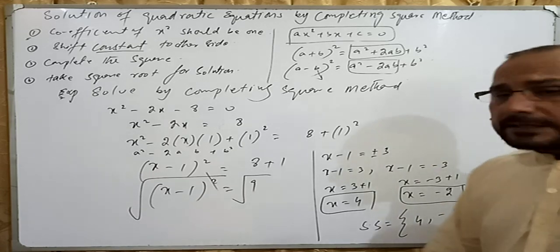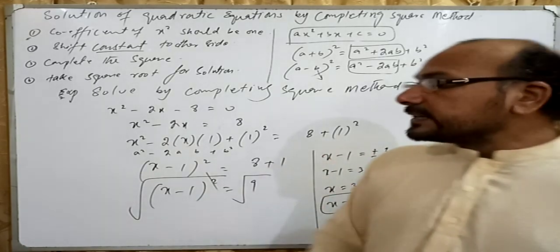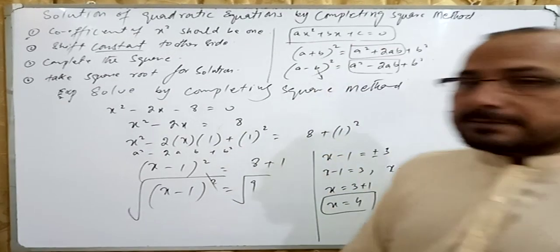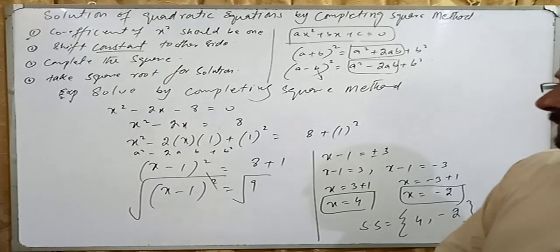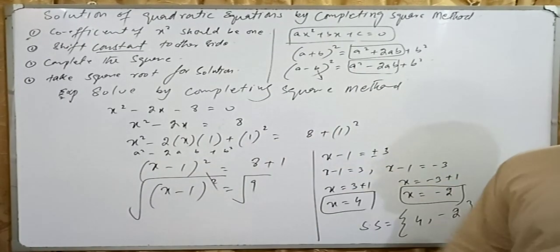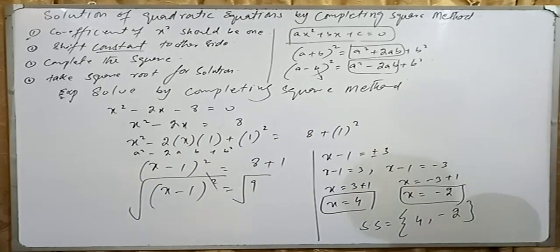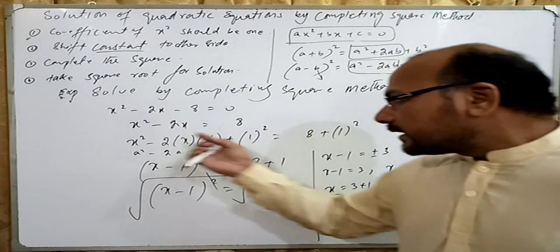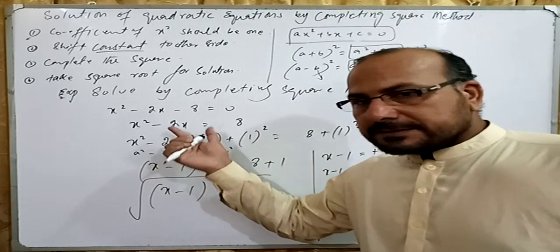This is the way that you can find the solution set of quadratic equations by using the completing square method. Remember one point which is important here. These two steps are very important.